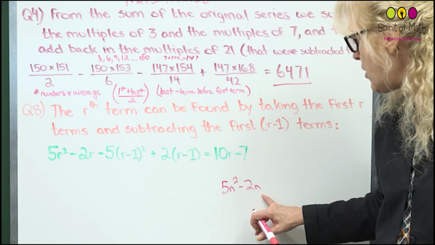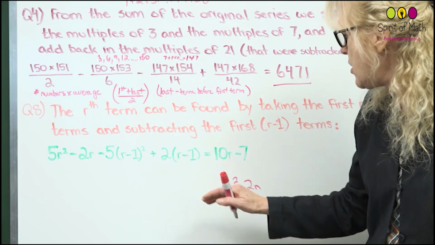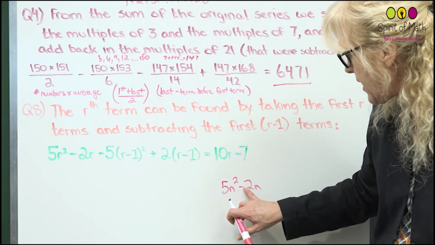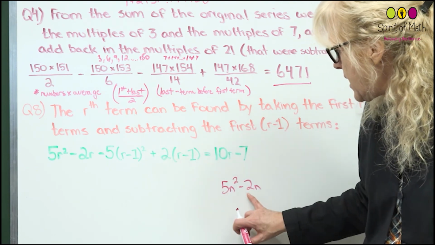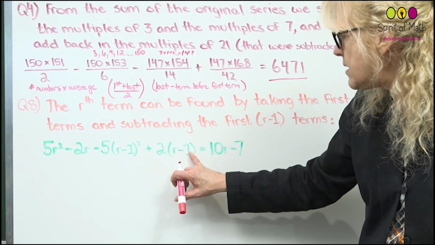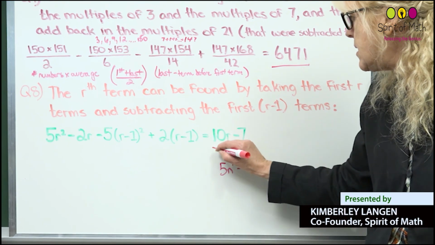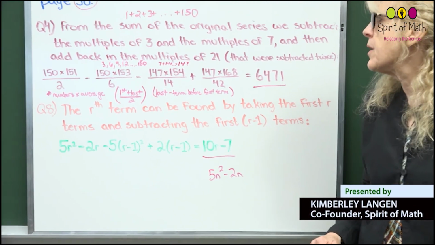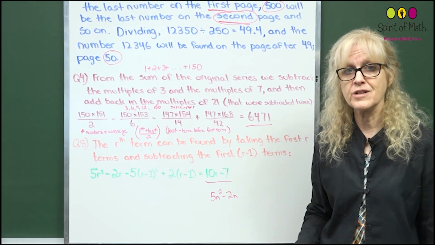Now you want to subtract the r minus 1 term. So it would be minus 5 times r minus 1 squared, and so on, because you're subtracting, you need to change that sign. And when you solve all of this, you get your answer. You can do that algebra yourself. That's it for question set number 2.